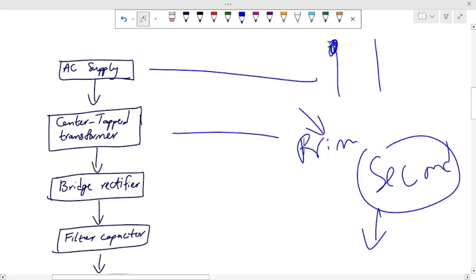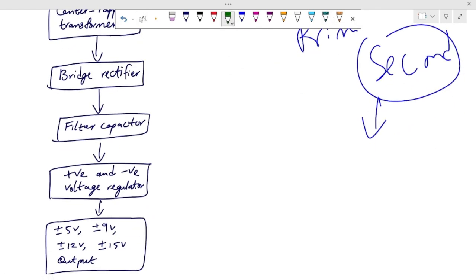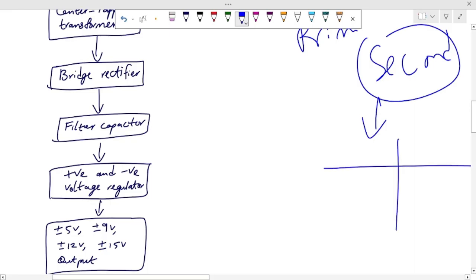This secondary winding is split into two, like this. At one end we have one voltage, at the other end we have another voltage, and at the center we have 0 volts.